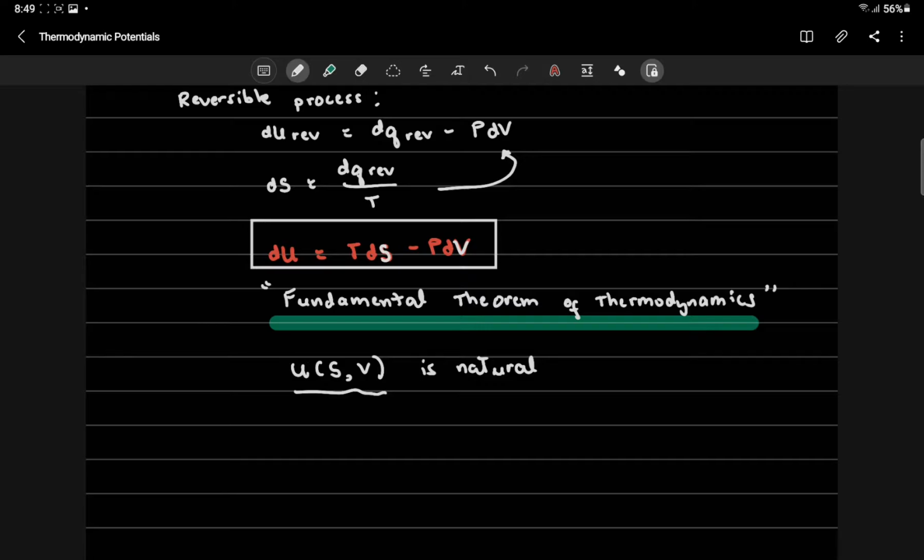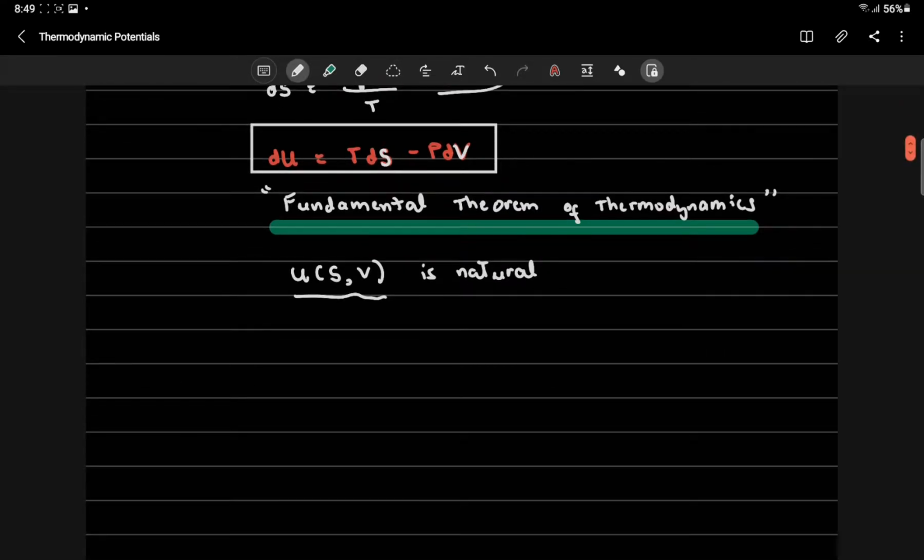Now, if that's the case, if we are going to get the total differential of internal energy dU, gaya ng alam na natin gawin, ang gagawin natin is get the partial derivative of U with respect to the first variable, making the second variable constant, dS, plus partial derivative of U with respect to V this time.